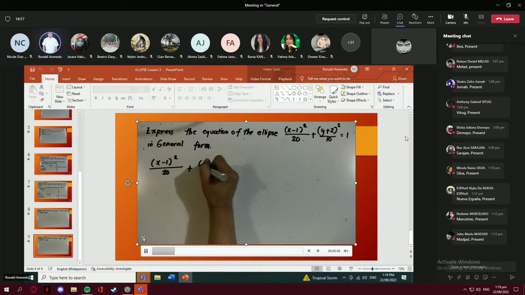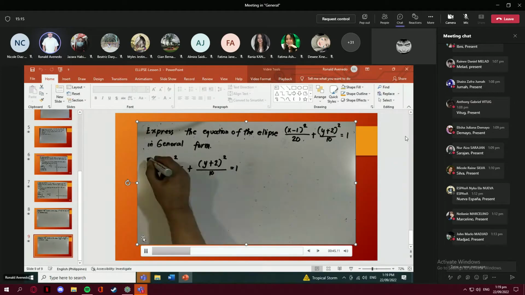20 plus y plus 2 squared over 10 is equal to 1. The denominators are 20 and 10. The LCD is 20. So to remove the denominator, we will multiply the equation by 20.